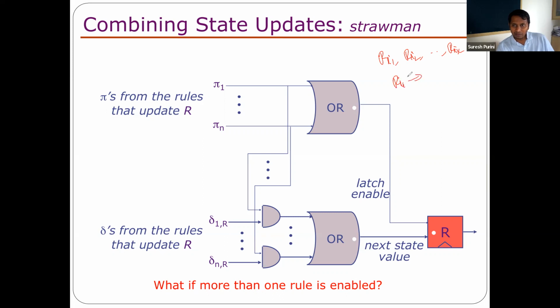But if Ri1 and Ri2 conflict with each other, then in one clock cycle, the state gets affected either by Ri1 executing and then Ri2 executing, or the other way around. And it is possible for us to say, I prefer this order rather than this, by specifying priority.